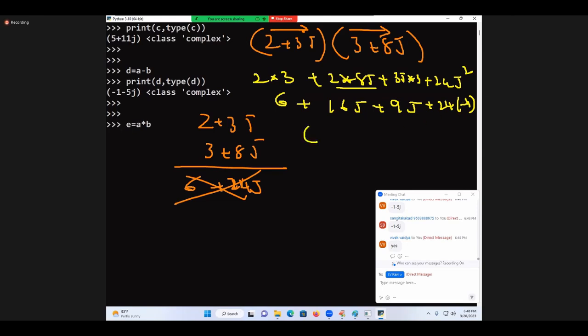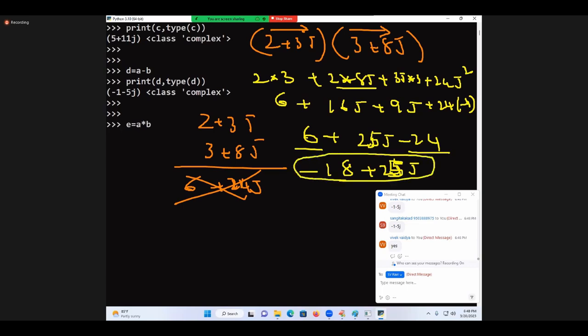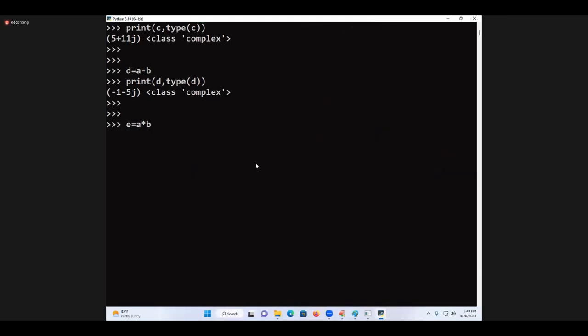Very good, that knowledge is there. 25j, and minus 24. So 6 minus 24 is minus 18. Minus 18 plus 25j is the answer. Are you getting it now? This is the answer.